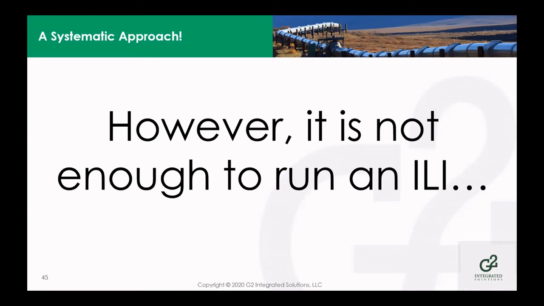It is not a good idea to run an inline inspection tool that is not the best tool for the threats of your pipeline. In the same way, if you receive a report with thousands of anomalies that you go and try to verify and you don't find them because there are false positives, that is not a good thing either.